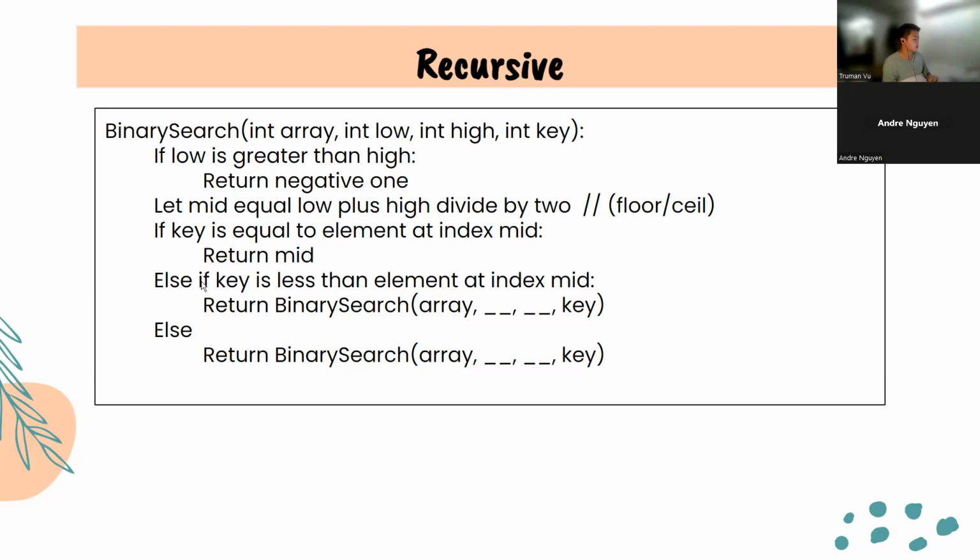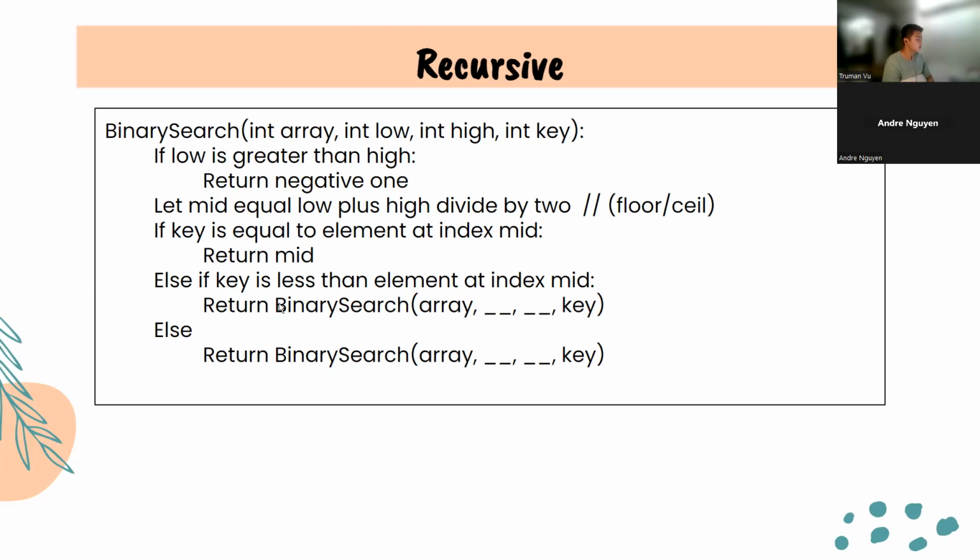So else if key is less than element at index mid, return binary search of your parameters. Now, I've left these blank because I don't want to give any hints, but if you look at what you've done in iterative and take it over to recursive, then it should give you an idea of what you should be inputting into your parameters.